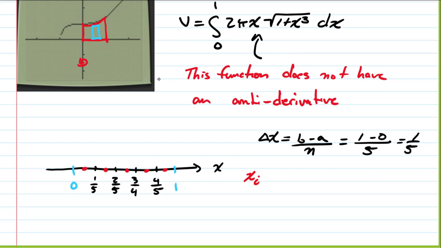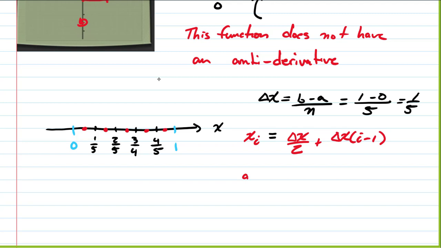So our formula for the midpoint for x sub i is going to be delta x divided by 2 plus delta x times i minus 1, as i goes from 1 to 5.